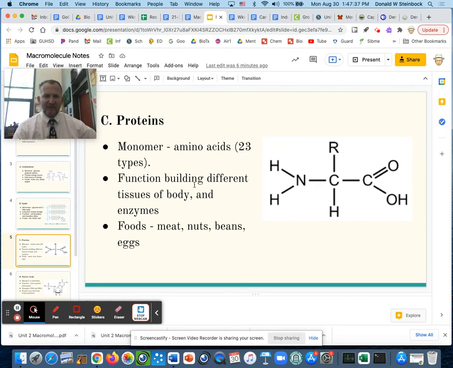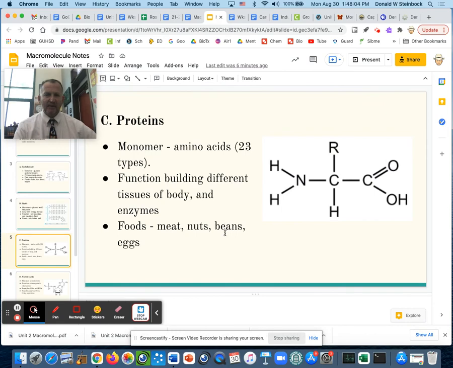What's the function of proteins? Well, it's really what makes up most of our body. Our body is made up of different types of proteins that make up the body tissues. Besides body tissues, we have enzymes that we're going to learn about in this unit. So the enzymes in our mouth that digest food, the enzymes in our stomach and small intestine that are helping digest food. And so foods that we eat to get the proteins would be any kind of meat, nuts, beans, and eggs.